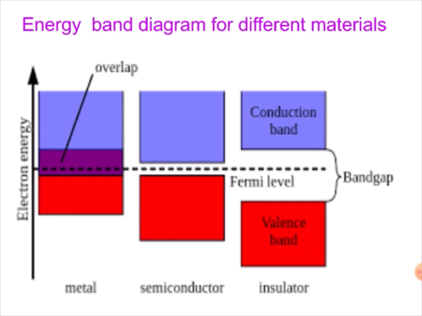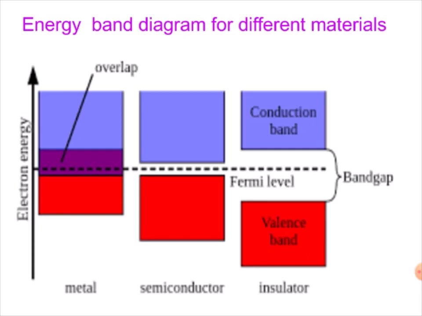In lower classes we classified these three materials in terms of their conductivity. In the case of conductor, the conductivity is of the order of 10 to the power 8 Siemens per meter. In the case of semiconductor, the conductivity lies between 10 to the power 5 and 1 Siemens per meter.